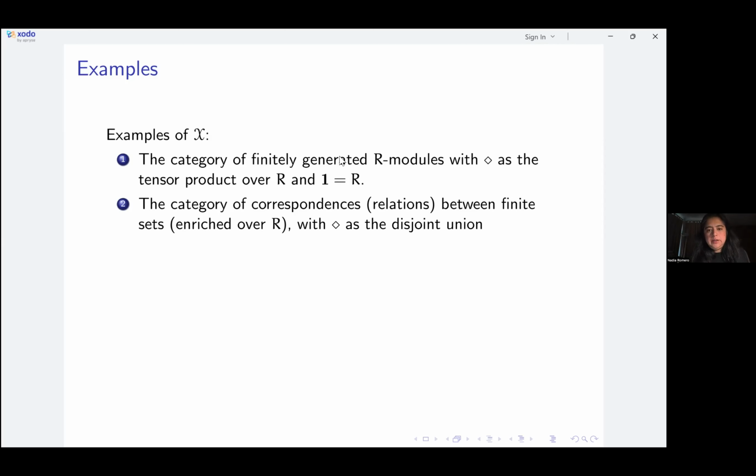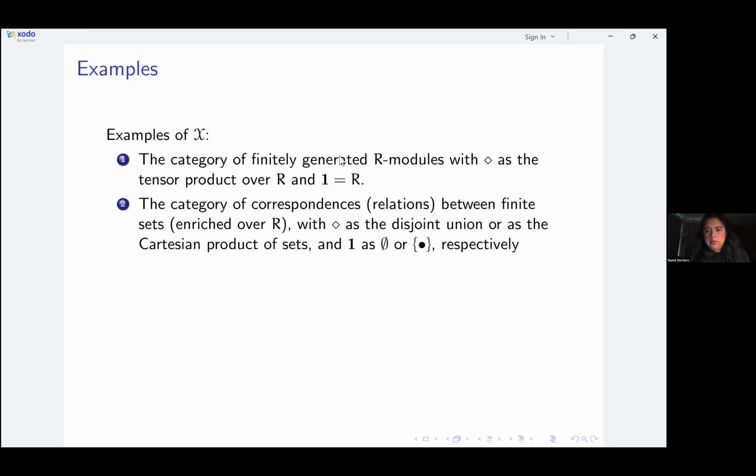So we can take the disjoint union. If we take the disjoint union of two finite sets, we have a tensor product that is symmetric. Or we can take, maybe more natural, the Cartesian product. This Cartesian product also gives us a symmetric monoidal structure. In the first case, the identity object is the empty set, and in the second case, it is the set with one element.